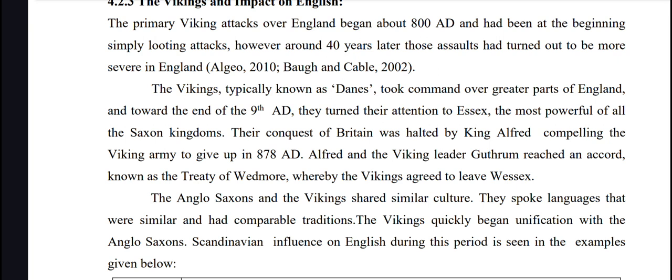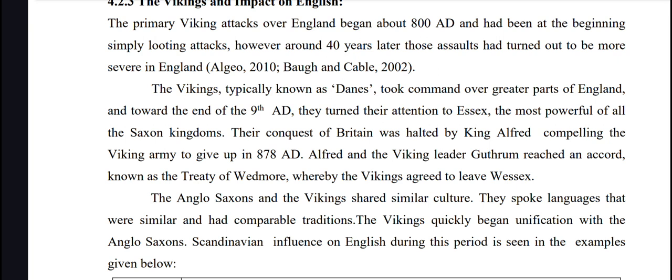The Anglo-Saxons and the Vikings shared a similar culture. They spoke languages that were similar and had comparable traditions.